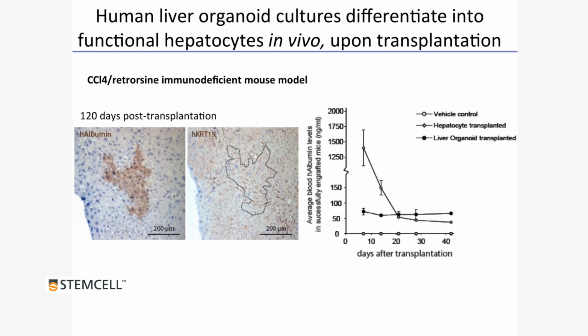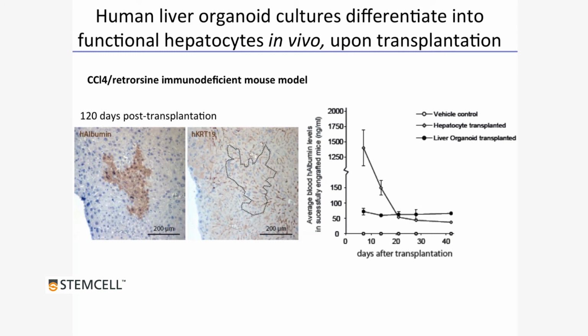And what we observed is that there were human albumin positive cells in these immunosuppressed mice, in which we had induced liver damage using CCl4 and retrorsine, indicating that the human liver organoids pre-differentiated in vitro had engrafted and differentiated into human albumin positive cells, lost their keratin 19 staining, and kept secreting human albumin for the whole time of the experiment.